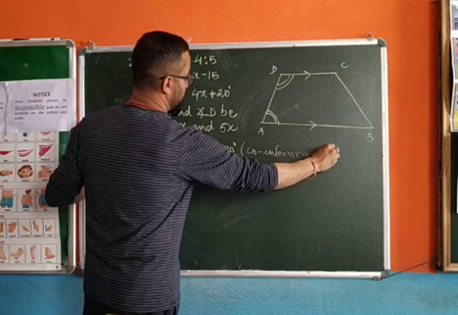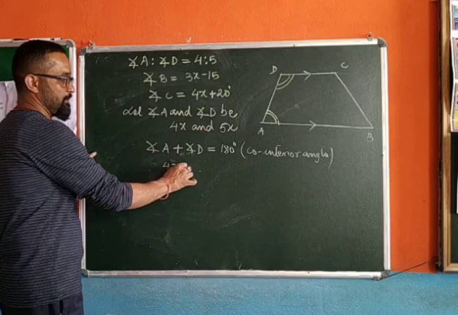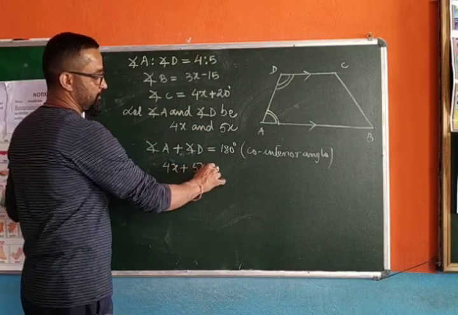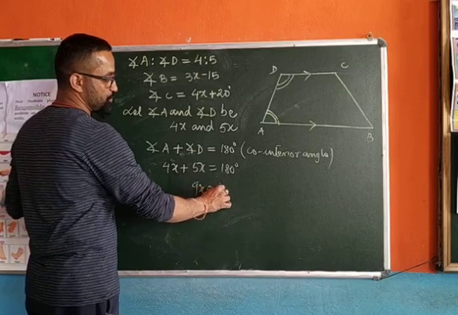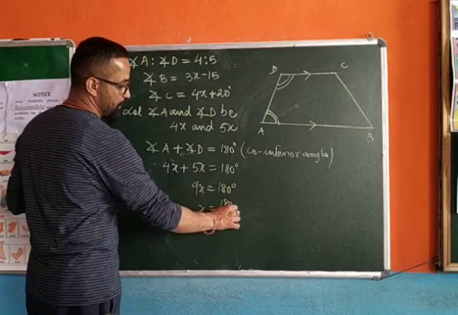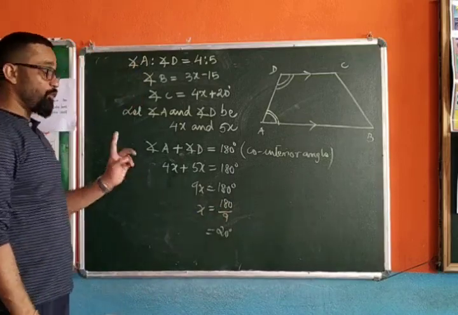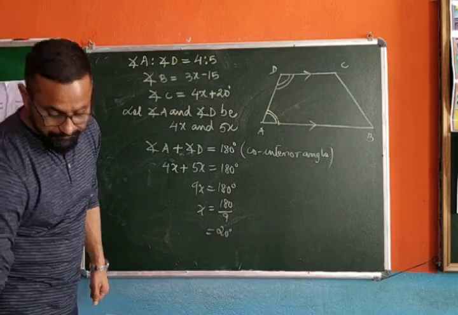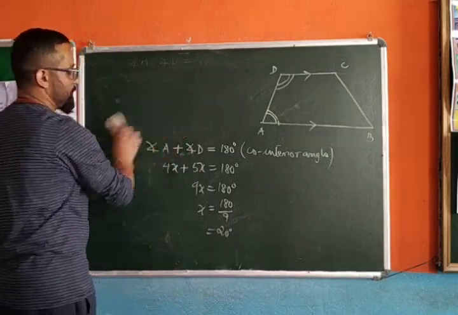Remember this property, co-interior angles. 4x plus 5x is 180 degree. 9x is equal to 180 degree. X is equal to 180 divided by 9, 20 degree. So we know x. Once we know x, we have to calculate A.